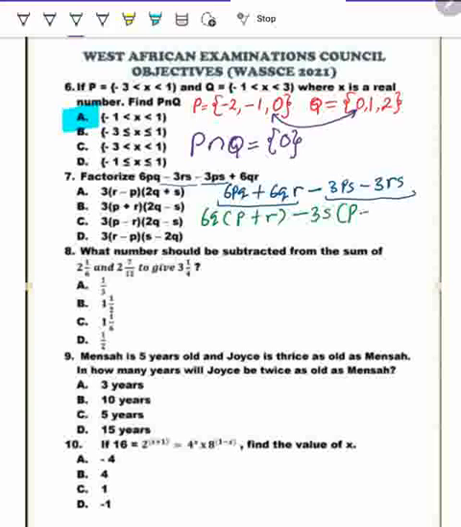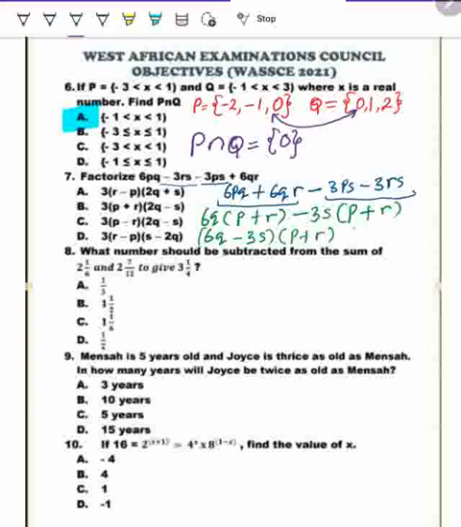Then -3rs divided by -3s will give us positive r. And when we arrange, we're going to have 6q minus 3s. Then we pick any one in the brackets, p plus r.